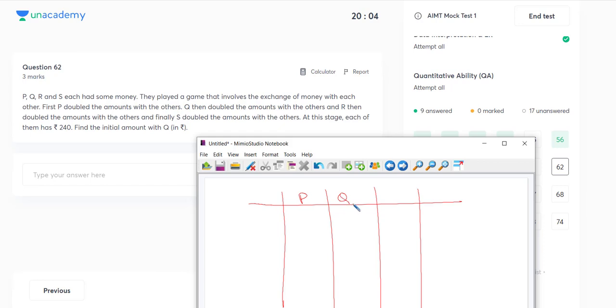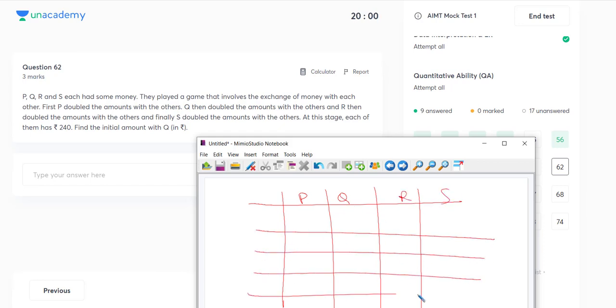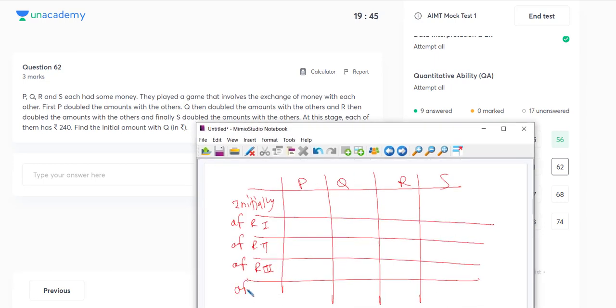So P, Q, R, S. Initially, after round 1, after round 2, after round 3, there are 4 people, and after round 4, in round 1 P is going to double, in round 2 Q is going to double, in round 3 R is going to double, in round 4 S is going to double.